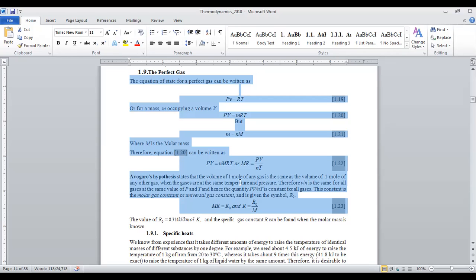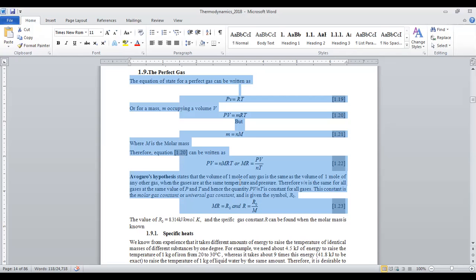We call it air or gas. Sometimes we may be using natural gas and all, so an air gas system. In some cases, refrigerants.